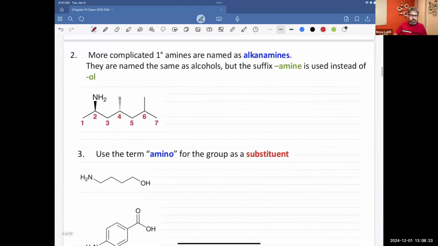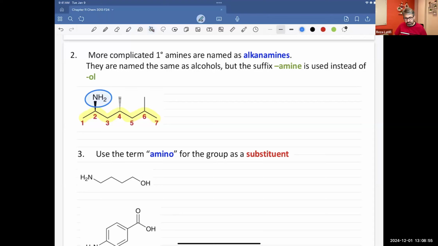Okay, now let's make it a bit more complicated. Now we have a chain made of 7 carbons, that's going to be the parent chain, and I have an NH2 with also 2 methyl groups on the main backbone of the chain. How do I label them? I start labeling from the side that is closer to the functional group, and our functional group in this case is NH2.